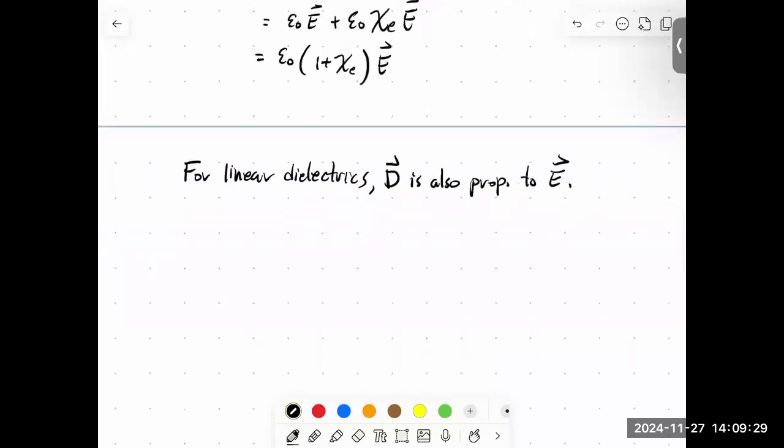Now, for better or for worse, there are a bunch of definitions that are sort of equivalent, but a little bit different. So let's just list what they are. The quantity epsilon naught (1 plus the susceptibility) is called the permittivity of the material.